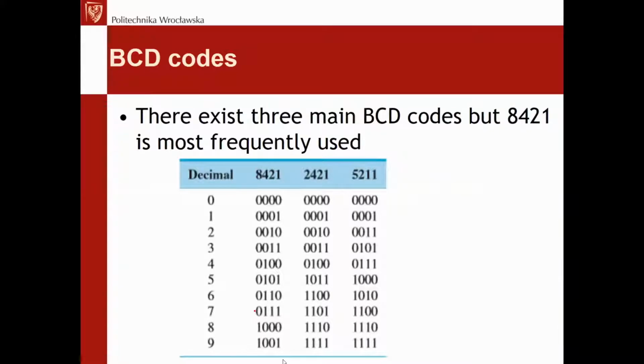We mentioned that not only 8421 systems are theoretically available, because we can think about different systems. So also for BCD coding, systems like 2421 and 5211 are theoretically available.